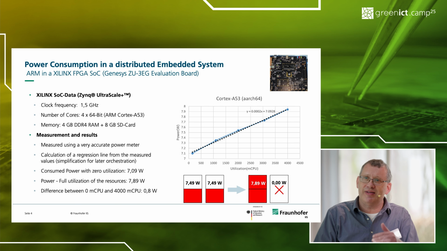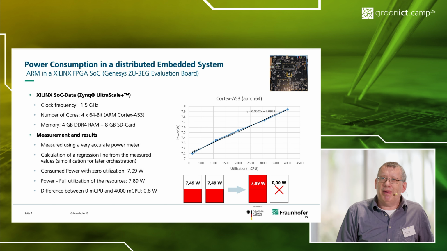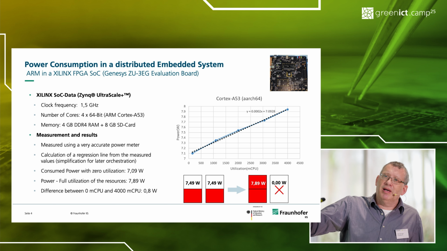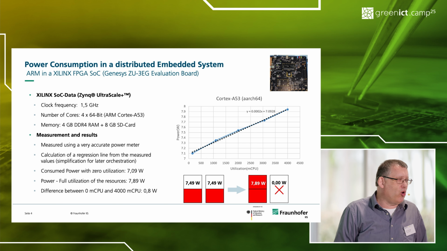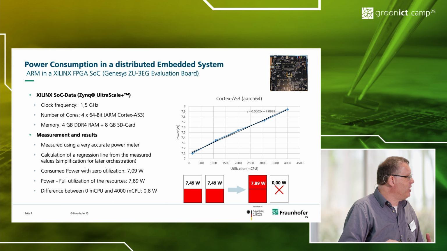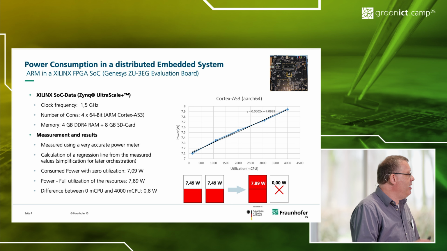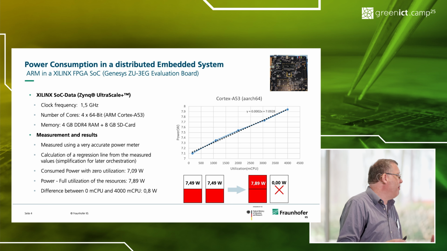So you see that the difference between best case and worst case is very small. But the reason that the overall power consumption is very high is that the programmable logic devices inside this chip need a lot of standby power.